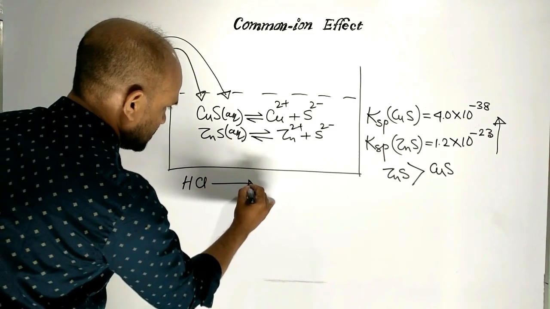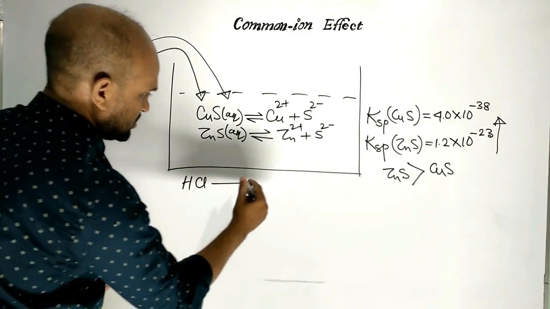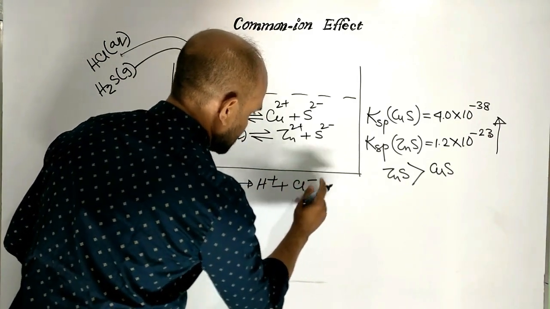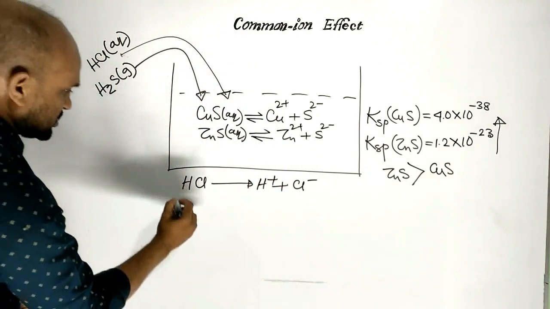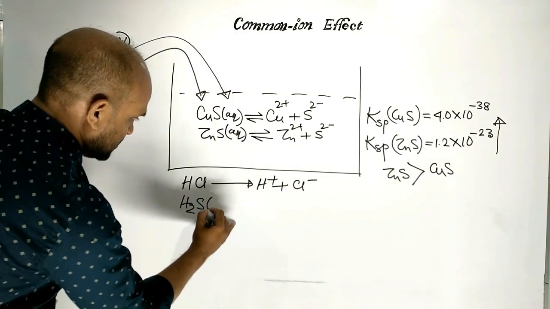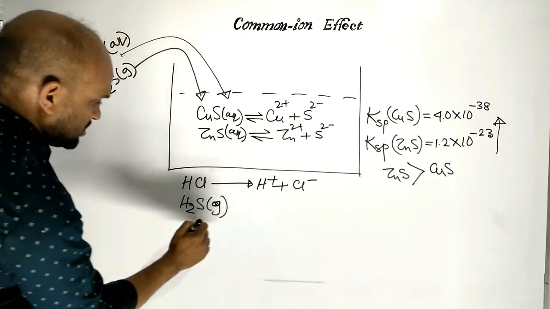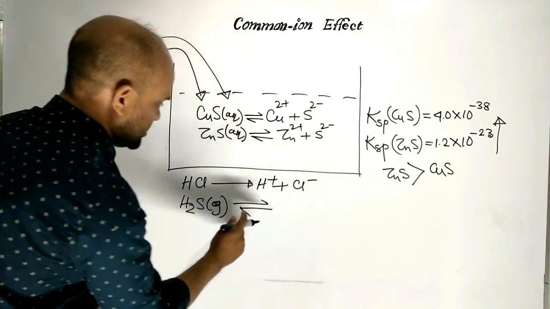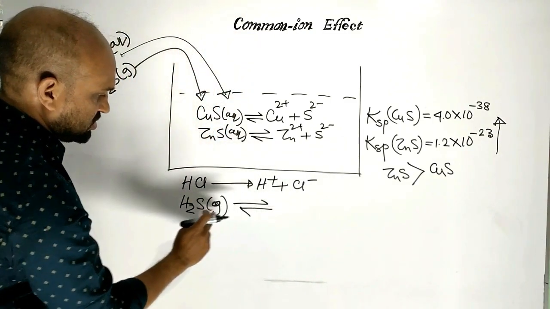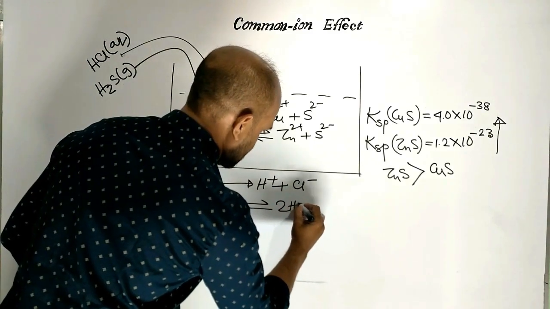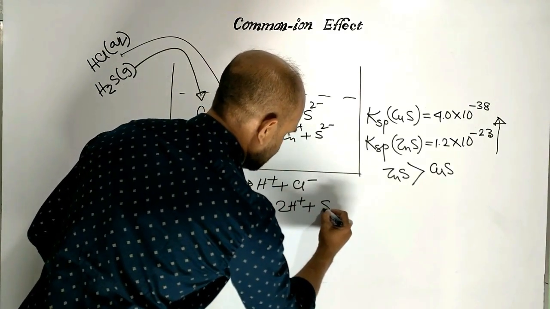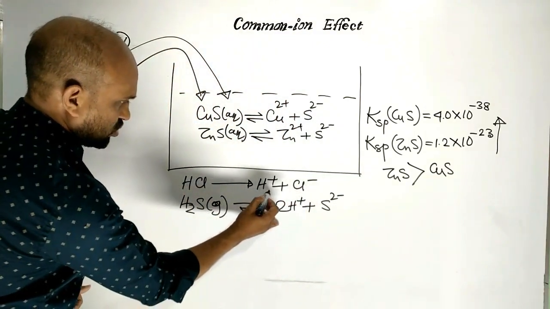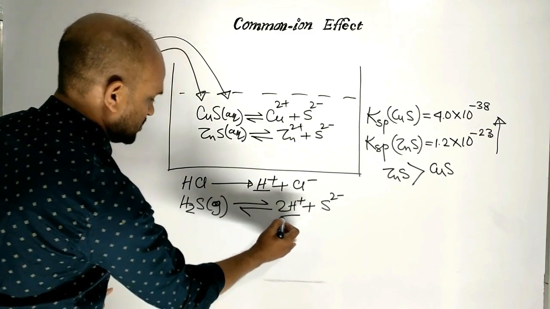Hydrochloric acid, a strong electrolyte, ionizes to proton and chloride ion. Hydrogen sulfide, a kind of weak electrolyte, establishes equilibrium state. It ionizes to proton and sulfide ion. Here, common ion is proton.